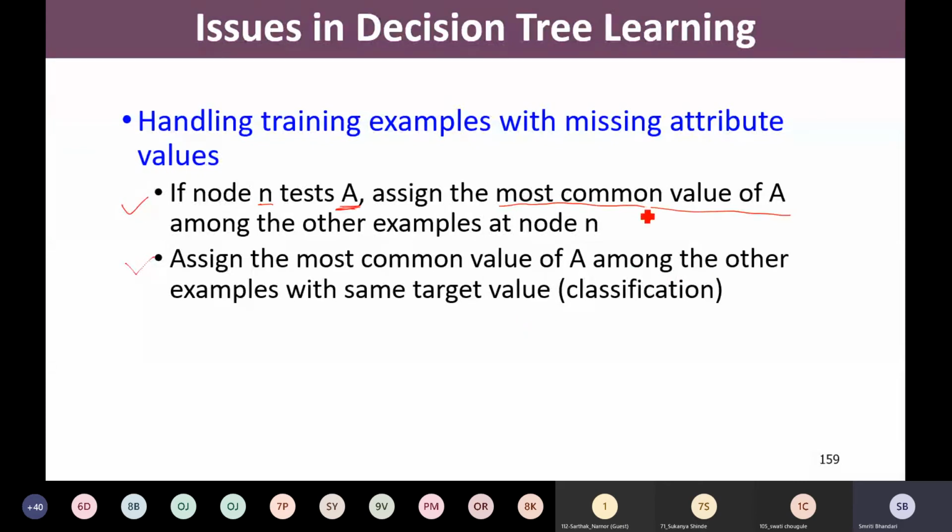What does this mean? In the first approach, irrespective of whatever is the target value, if there is a missing value, suppose I am having examples 1, 2, 3, 4, 5 and so on, and suppose I am having this attribute A and this is a missing value for instance number 3.